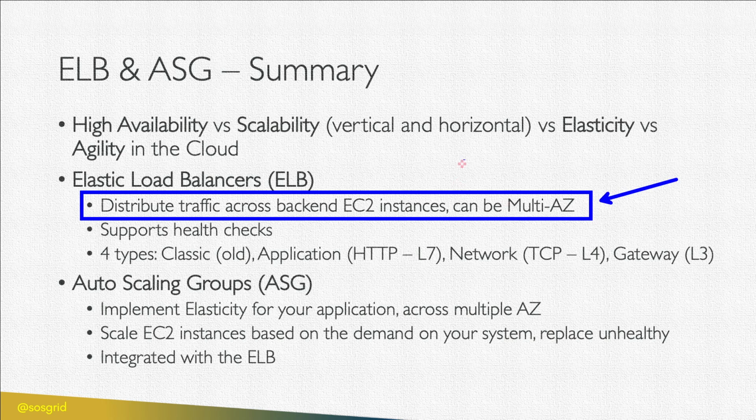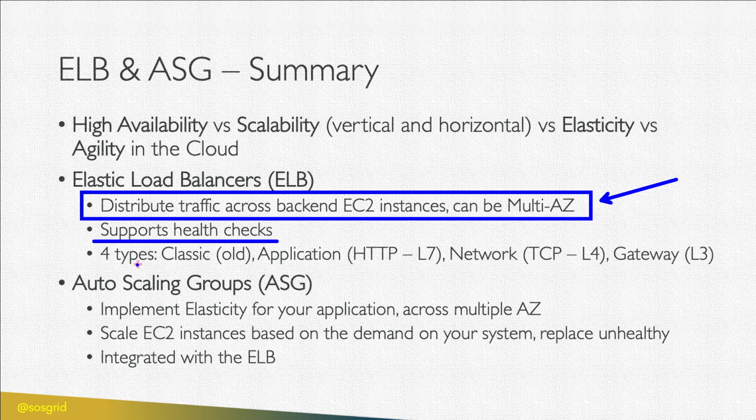So you can have multiple EC2 instances connected to one load balancer, and the load balancer would spread traffic across the EC2 instances, and it also supports health checks. So if one EC2 instance goes down or the server crashes, that's how it's fixed.